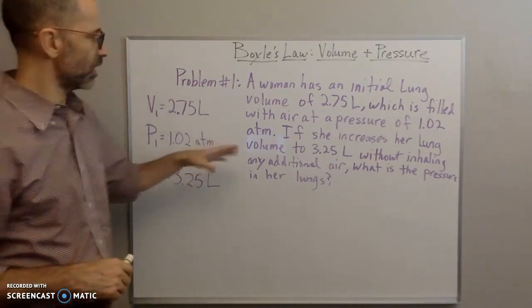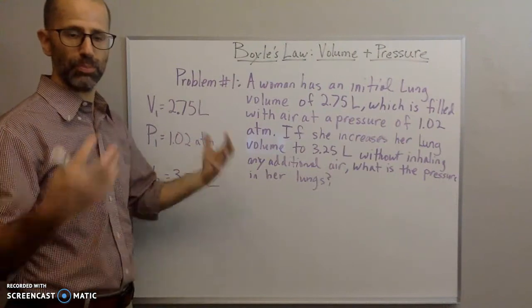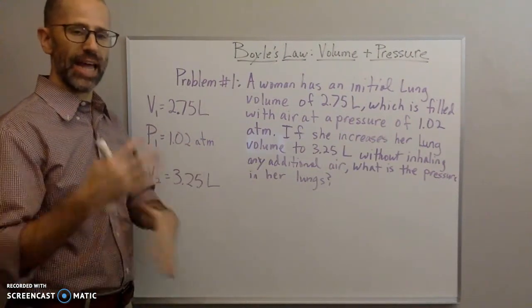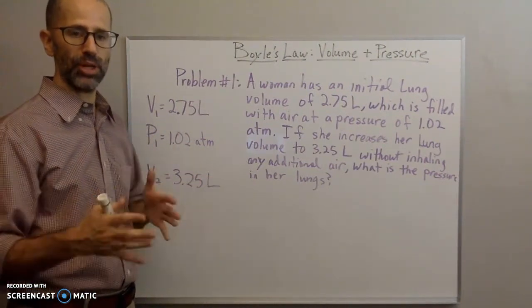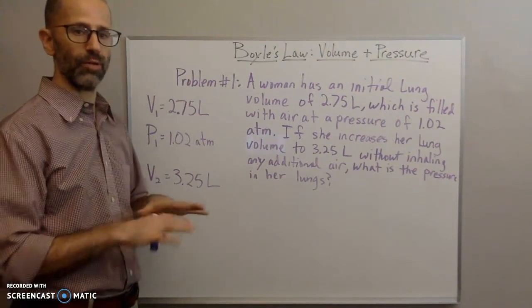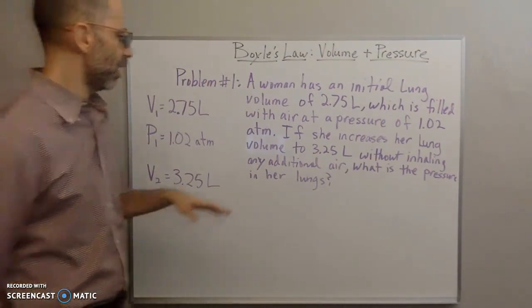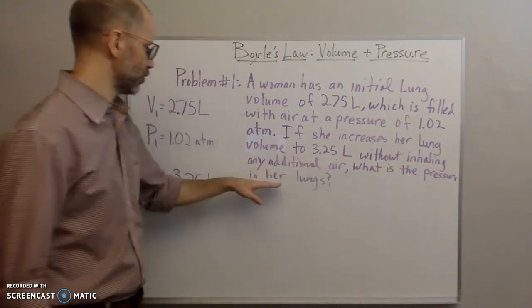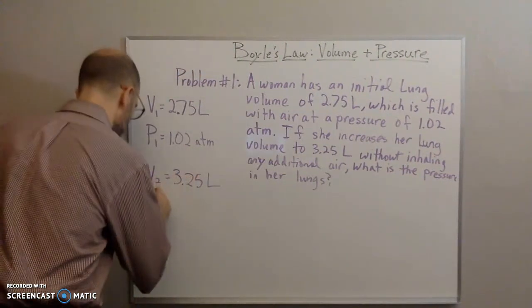Because this is, of course, Boyle's Law, if we change anything else besides volume and pressure, then Boyle's Law does not work. So everything else needs to be kept the same. And then it asks, what is the pressure in her lungs? So we want P2.